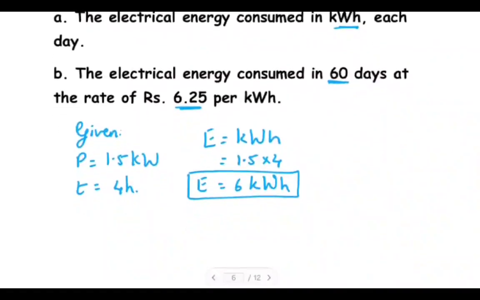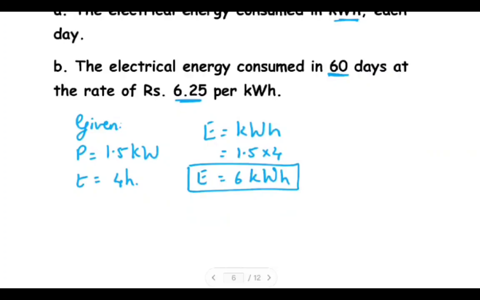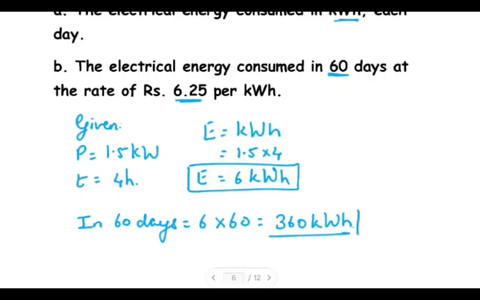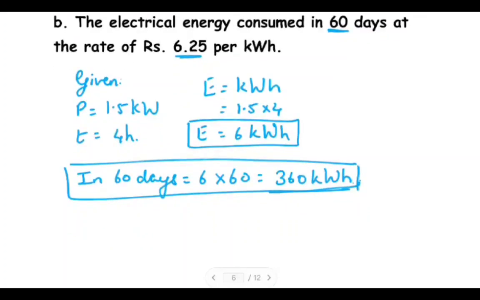Then the electrical consumption in 60 days. So in 60 days will be 6 into 60, which is going to be 6 6s are 36 and 0. So that's going to be 360 kilowatt hour in 60 days. Yes. And then converted into rupees.